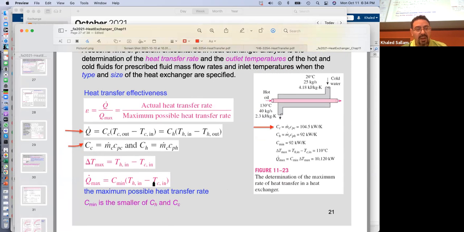So epsilon is the ratio of the actual Q dot to the Q dot max, the dream of the heat exchanger.